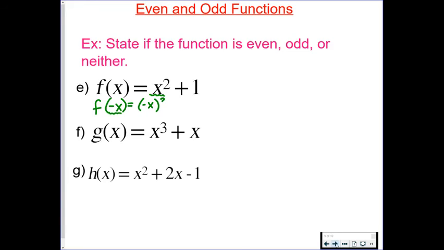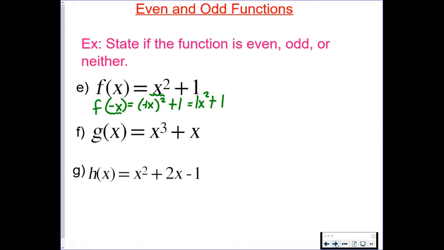Negative x squared plus 1. And then we're going to simplify that. Negative x squared. Think about if that's a negative 1x squared. Negative 1 squared is 1, and x squared is still x squared. So negative 1x squared, a negative squared is just a positive, so we get 1x squared plus 1.